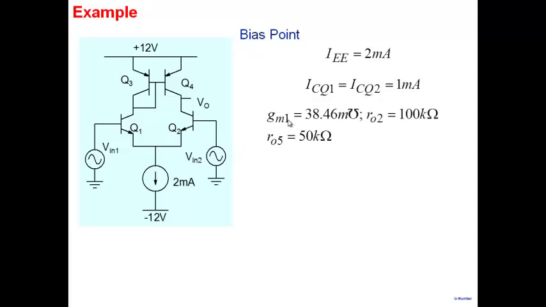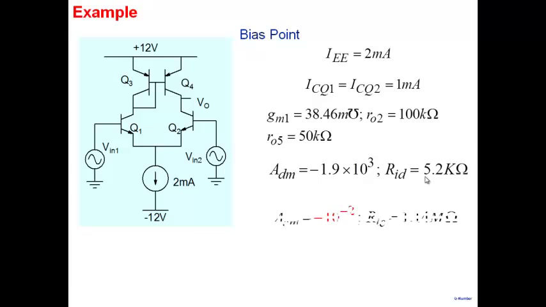So we calculate gm1, r02 of this transistor here, which is the same as this one, and r05 is of the current source, and we calculate ADM using the expressions. So one sees the differential mode gain is 2000. There should actually be a positive sign here. There's no phase shift between V0 and Vn. So the differential mode gain is fairly large, which is 2000.